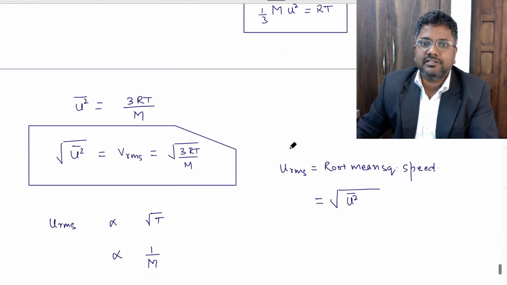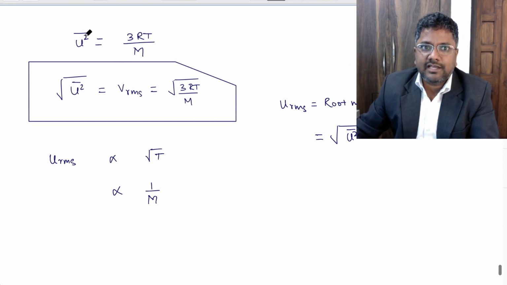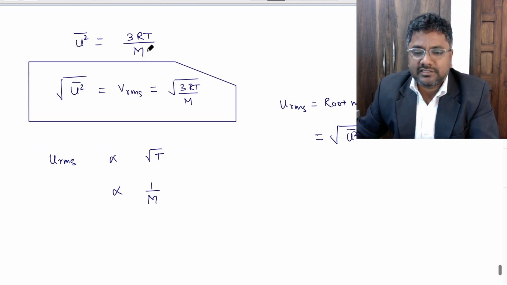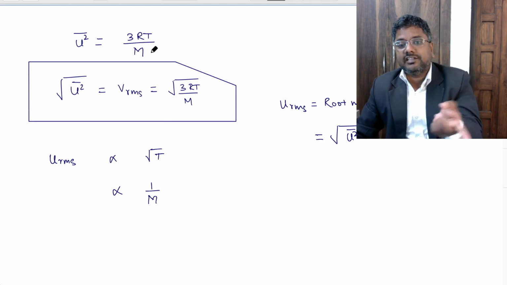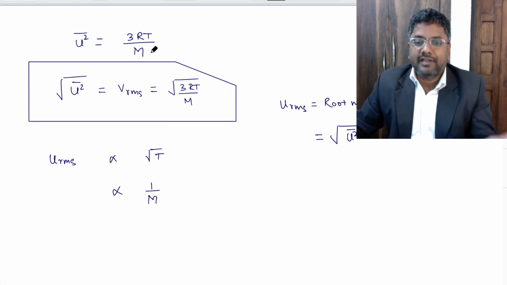Root mean square speed or mean square speed depends on the molar mass, but kinetic energy becomes independent of molar mass or density of the gas molecule, right?